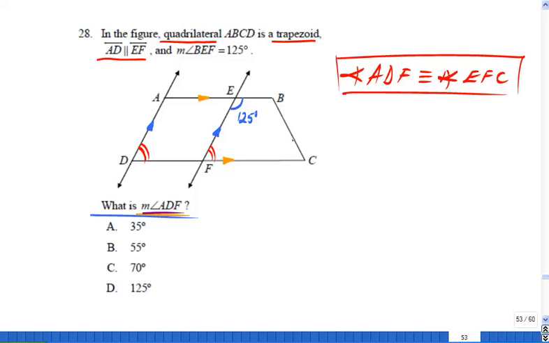Let's look at my figure again, and I'm looking now at the quadrilateral EBCF, which we know has to be also a trapezoid. EBCF is a trapezoid.